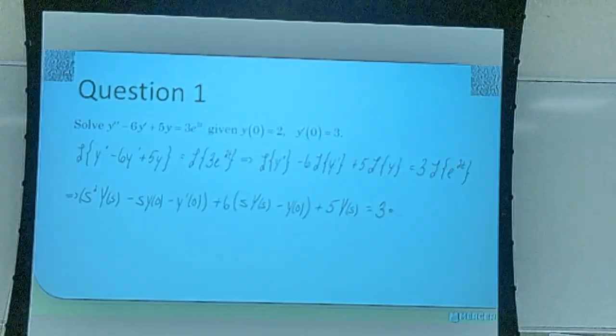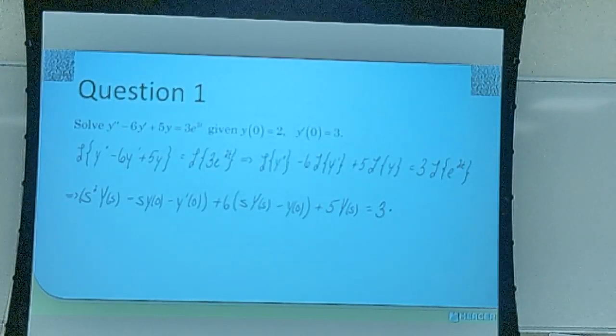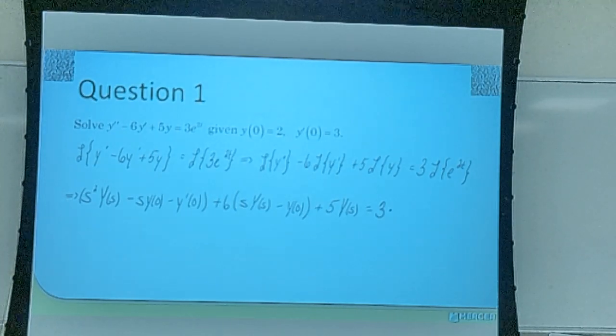What is the Laplace transform of e to the 2t? One over s minus 2.